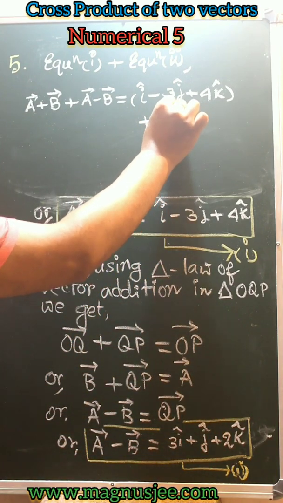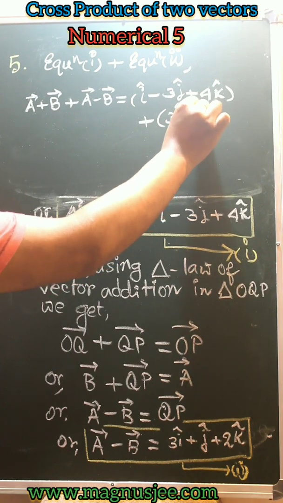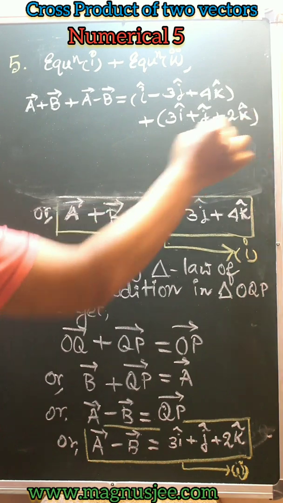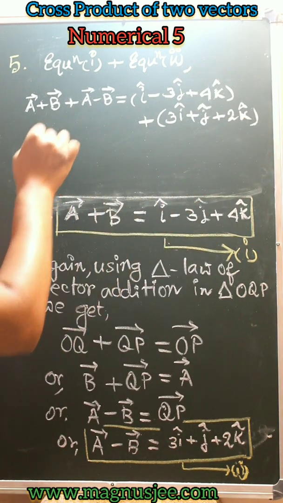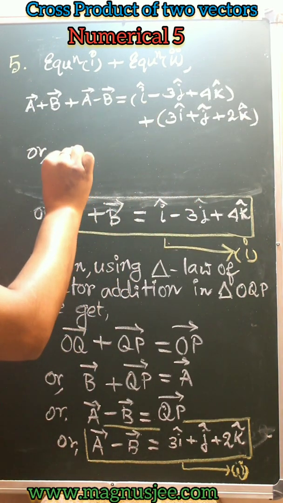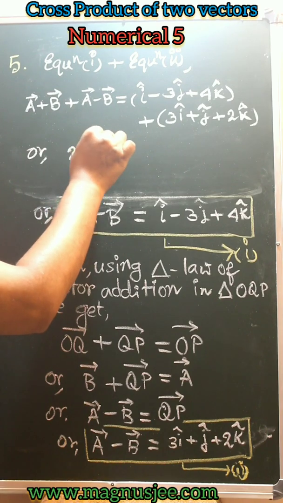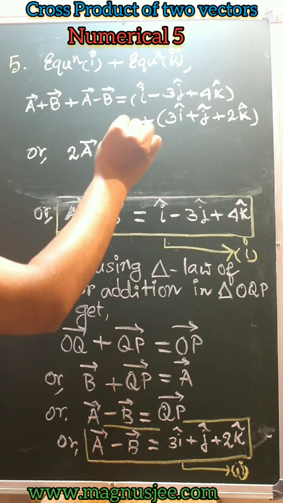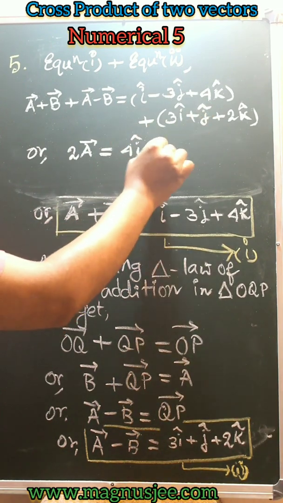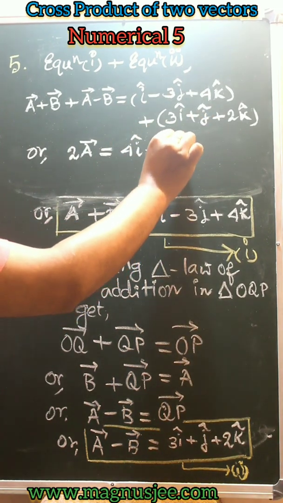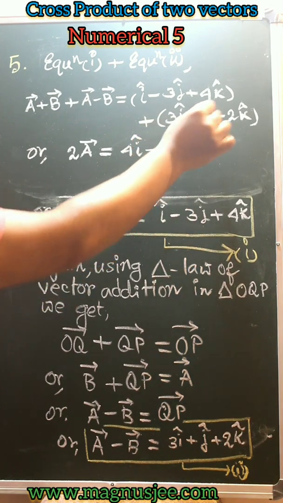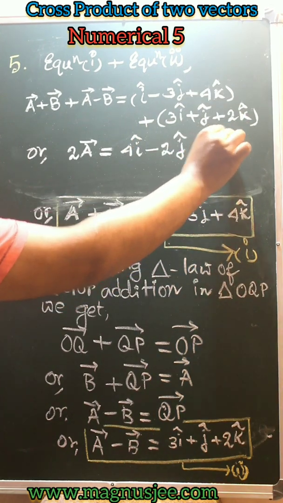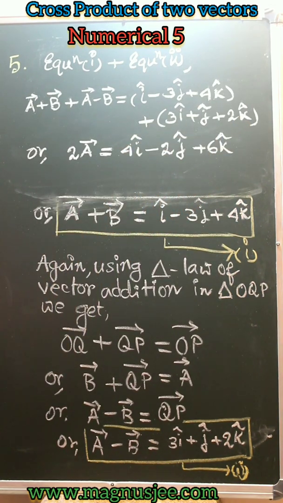Now putting the expression of vector A minus vector B, that is 3i cap plus j cap plus 2k cap. So now on the left hand side it will become 2 vector A, vector B and minus vector B will cancel out. Then 4i cap minus 2j cap plus 6k cap.